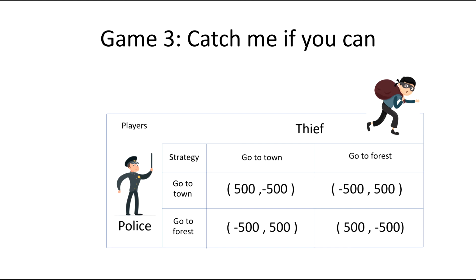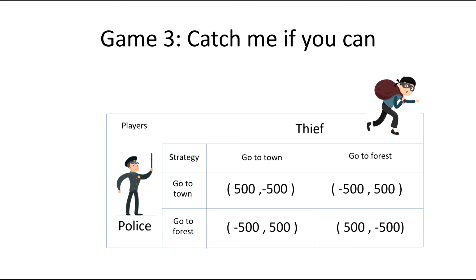You see, in other payoffs, if police goes to the forest and the thief goes to town, then it is minus 500 for the police and 500 for the thief, because the thief will go away and will not be arrested.